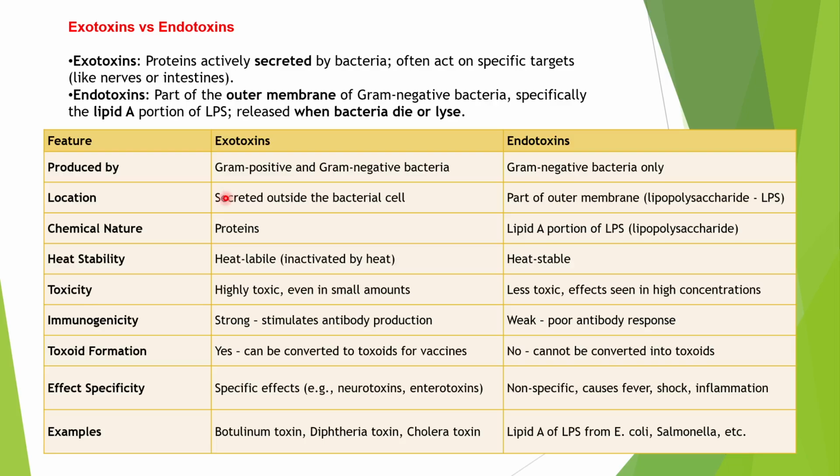So the exotoxin is located or secreted outside the bacterial cell wall. However, the endotoxin is a part of the outer membrane, that is the lipopolysaccharide layer. And exotoxins are mostly proteins in nature, and endotoxin is, however, the lipid part of the LPS.